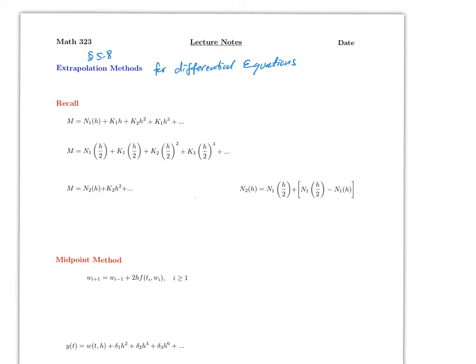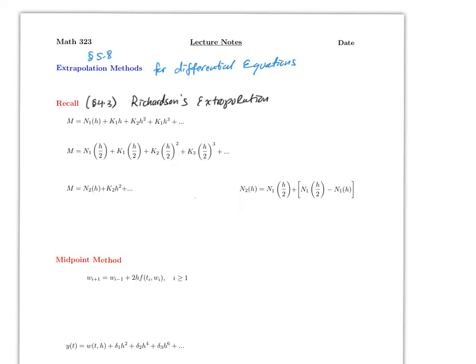So to refresh your memory, in chapter 4, I believe it was in section 4.3, we talked about Richardson's extrapolation. This was used to find integrals.